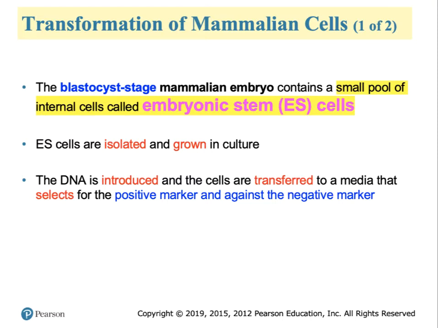In a standard protocol, once the embryonic stem cells have been harvested from the blastocyst, they can be grown almost indefinitely in culture. At that time, DNA is introduced into these cells, so the cells become transformed, and then the cells are transferred to a media that selects for the positive marker and against the negative marker.